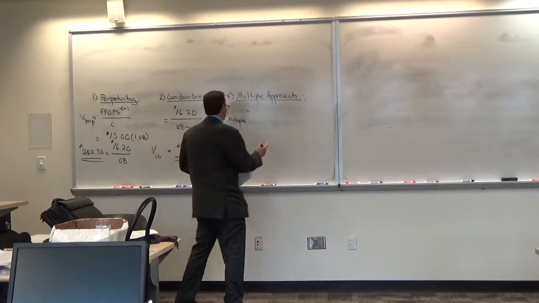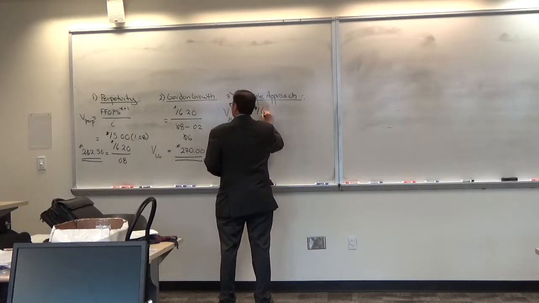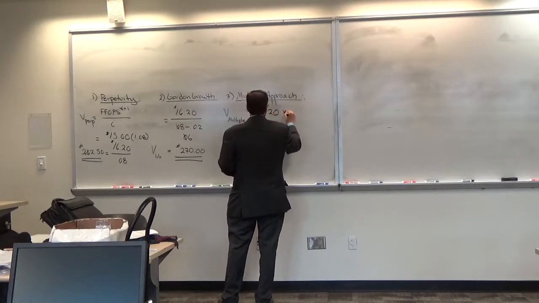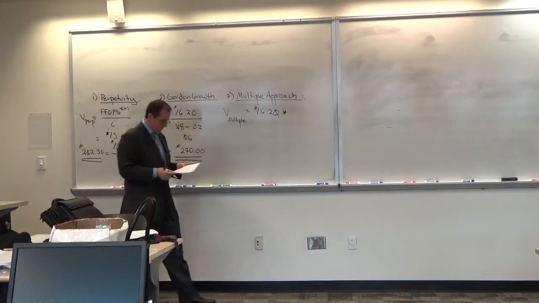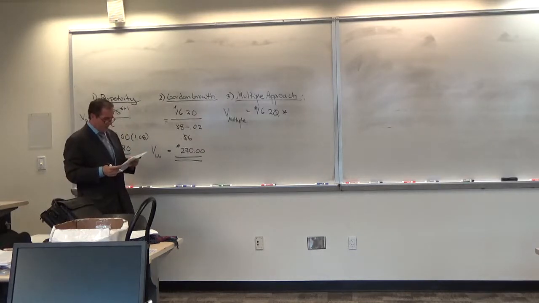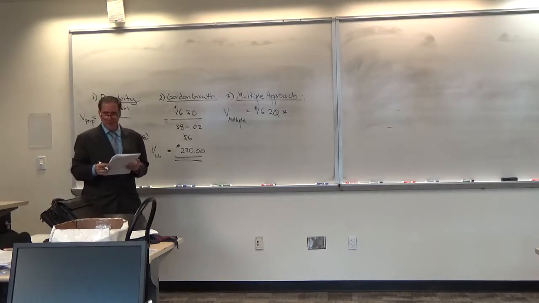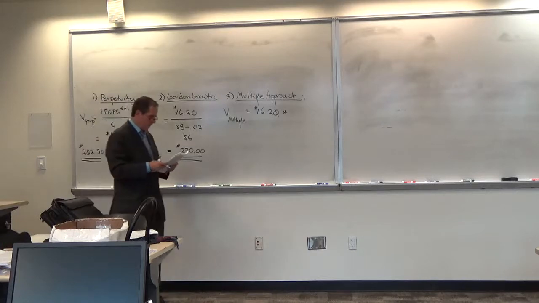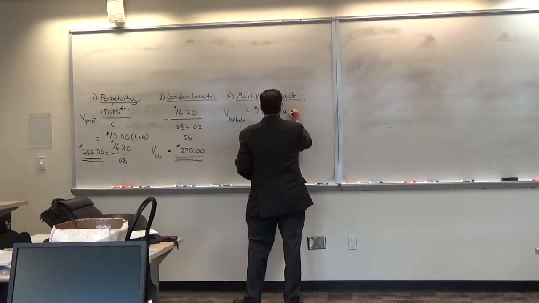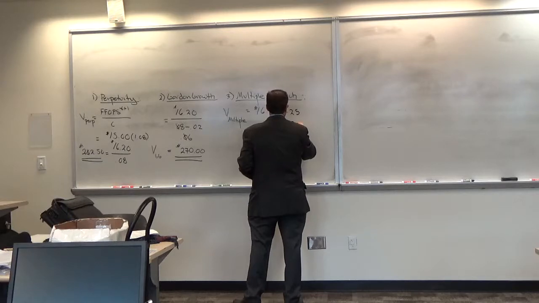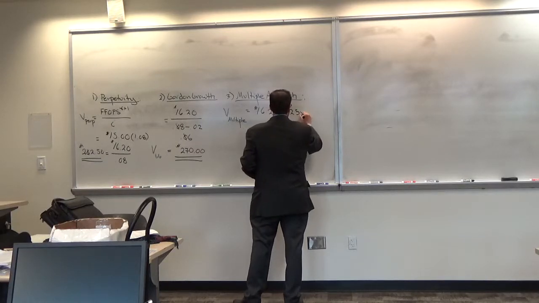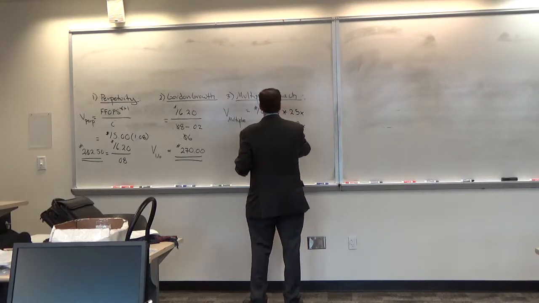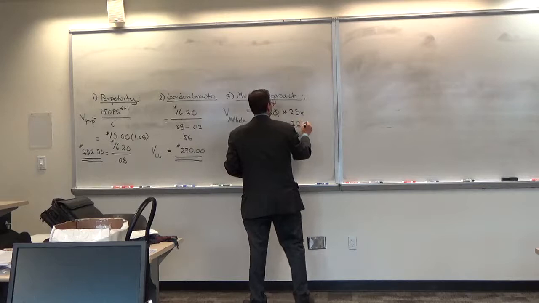So what's the cash flow for next year? 16.20. Did they give us any multiples? Did they give us multiples any place on the sheet? 15, 22, 25. Got it. So we got 25, 22, and then the other one, 15. Okay. So what's 16.20 times 25?